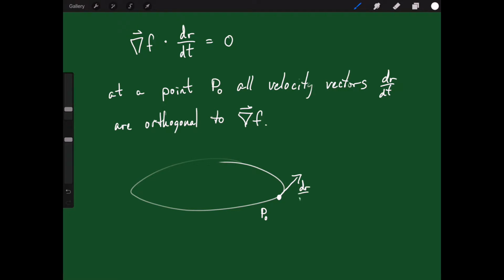If this is dr dt as a vector, then I know that the gradient vector is at a right angle to that velocity vector. So any velocity vector I draw is normal, or at a right angle, to the gradient vector at that point. And that's going to be important for us later. So let's remember that velocity vectors and gradient vectors are orthogonal.